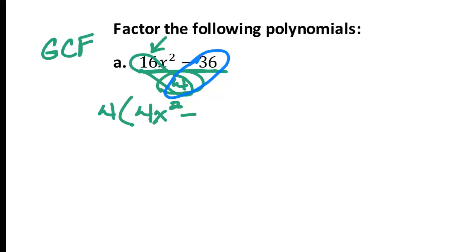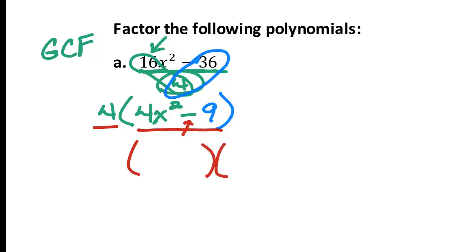There you go. All right, so minus 9. All right, and as we look at that, is that in its factored form? No. So just because you do one type of factoring doesn't mean that's all you need to do. Now you have one factor here. We have another factor that is two terms with a subtraction sign. Looks like it could be a difference of two squares.